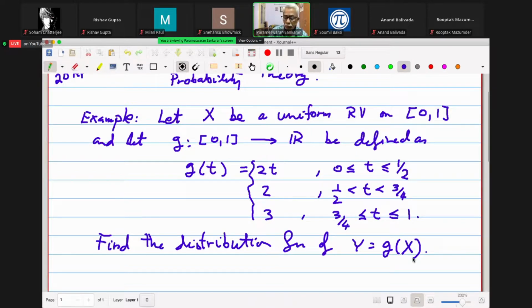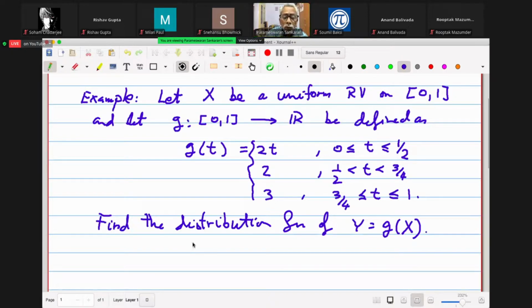Okay. So this illustrates some question that was asked last time. So I want to explain this. You just write down the definition. So probability of Y less than or equal to little y.